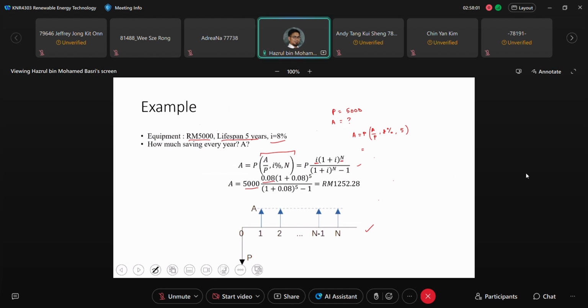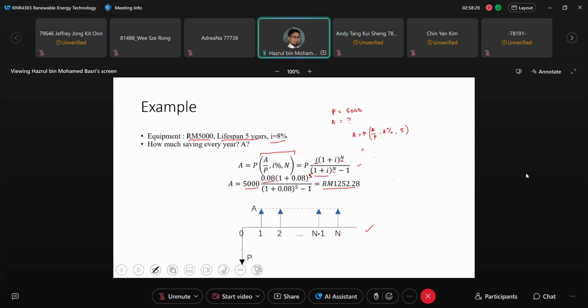What is the lifespan of the machine? 5 years, to the power of 5, over 1 plus 0.08 to the power of 5 minus 1. So yeah, that's it. So we have this calculation and we get 1,252.28 ringgit.